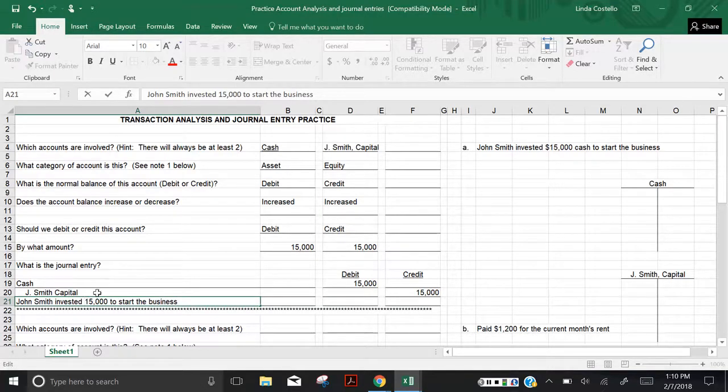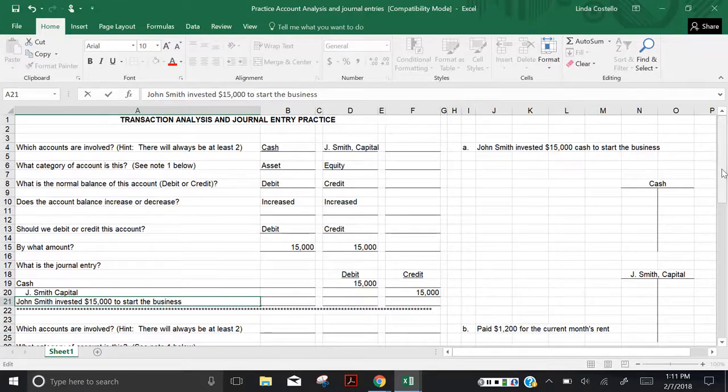Probably ought to be a little formal and put the dollar sign there. So debit cash for $15,000, credit J. Smith Capital for $15,000, and a brief summary of what that business transaction was all about. J. Smith invested $15,000 cash to start the business.